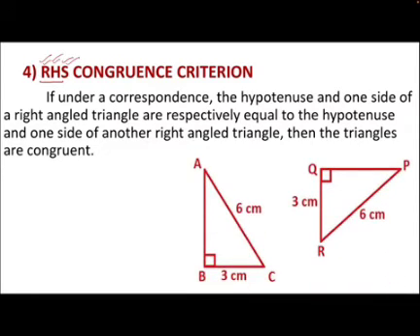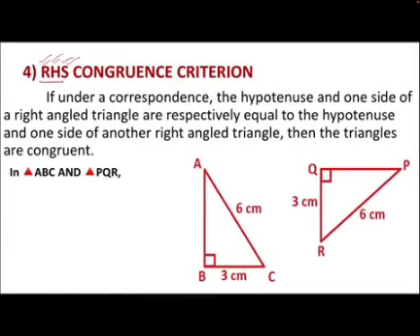Okay, so these are the two figures. So in triangle ABC, check the corresponding pairs again, and triangle PQR, you can see angle B is congruent to angle Q because both measure 90 degrees.